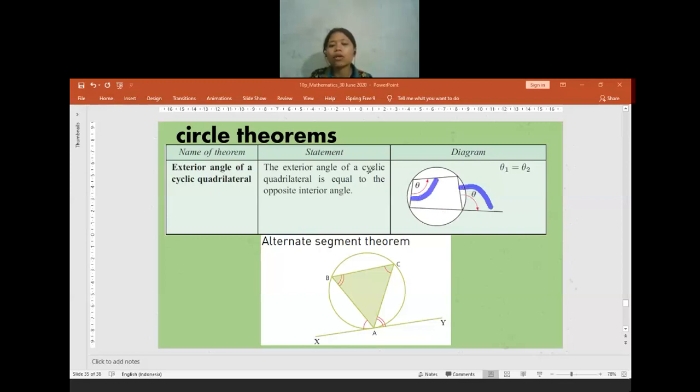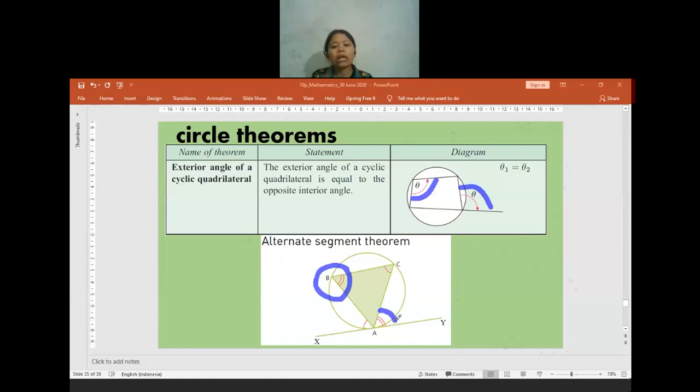This is what we call the alternate segment. This is facing the outside and this is also facing the same way. This and this will be equal also.